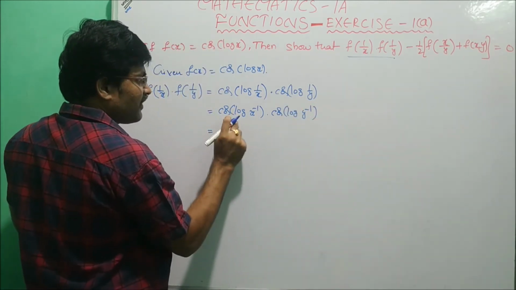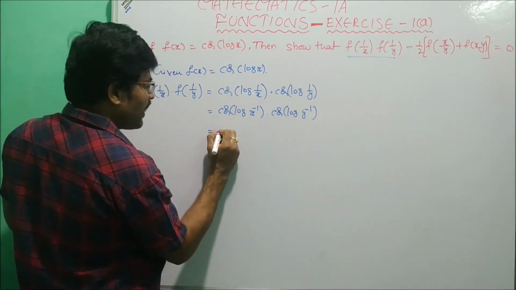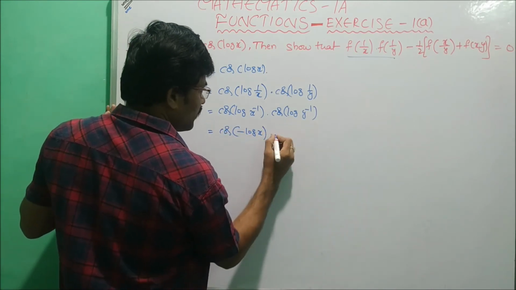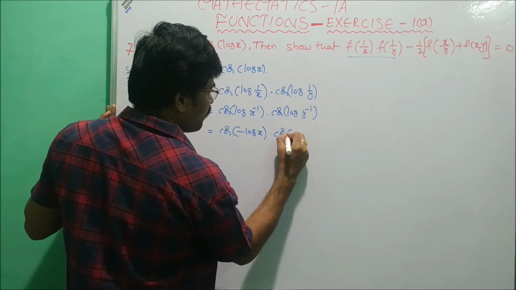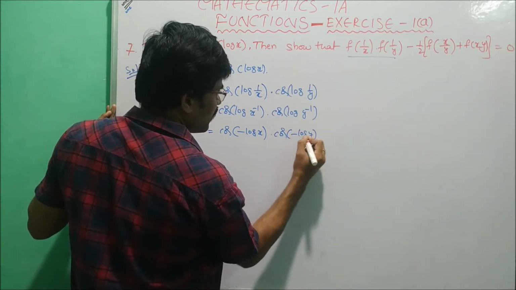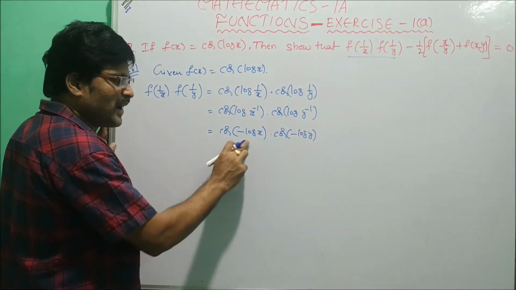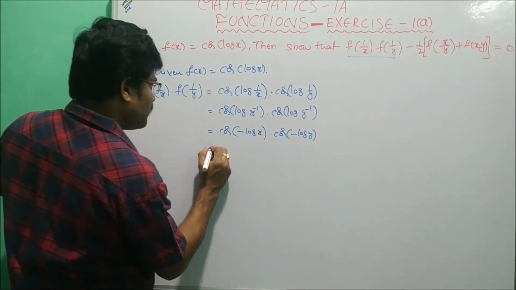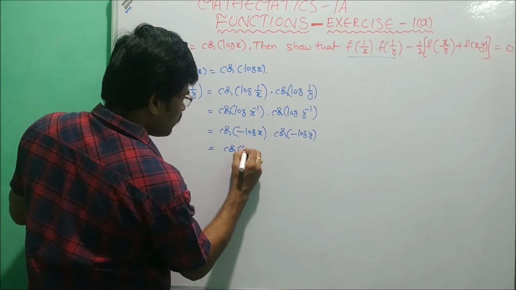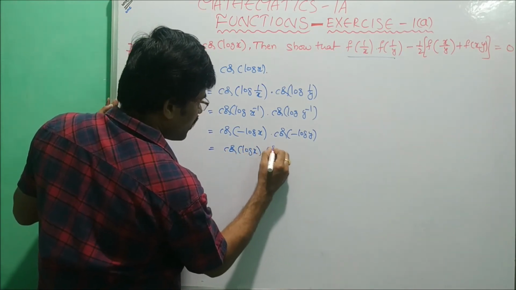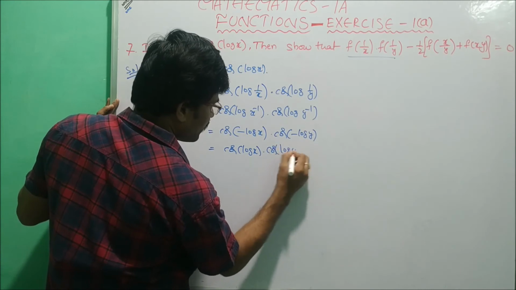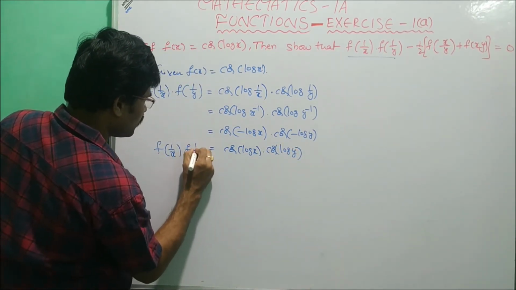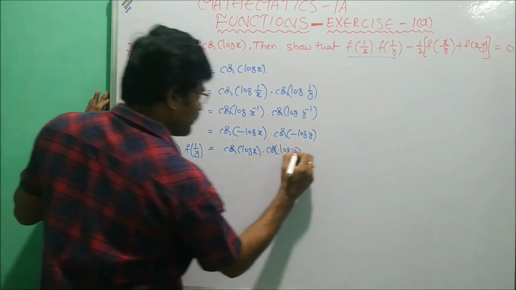This is the form of log a power b. Now we write cos of minus log x into cos of minus log y. Now we have to observe, this is cos of minus theta. Cos of minus theta is always equal to cos theta. That means this is cos of log x into cos of log y. This is the value of f(1/x) into f(1/y), which is equation 1.